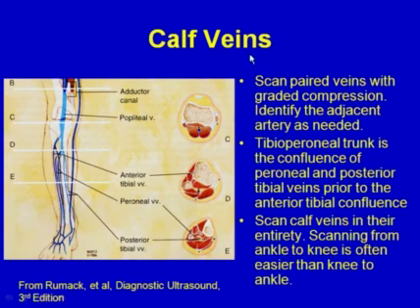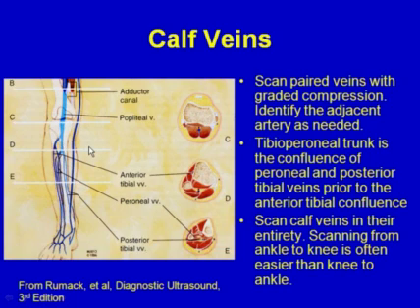So the calf veins, the way we look at those is we want to scan the paired veins with graded compression and identify the adjacent artery as needed. The tibio-peroneal trunk, this is just anatomic information, is actually the confluence of the peroneal and posterior tibial veins. It's this little portion right in here, which occurs before the confluence with the anterior tibial veins, which occurs just below the popliteal vein.